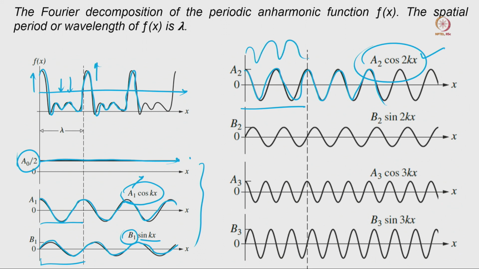That is why we are using cos 2kx. Now, if I have one more wave to select, here I am using a sine wave to add that, so that comes B2 sine 2kx. Now, if I can add one more wave, I am just increasing the frequency again, so here that is coming 3kx.